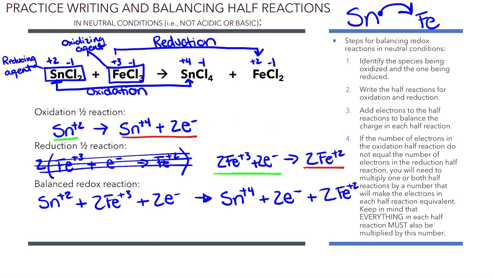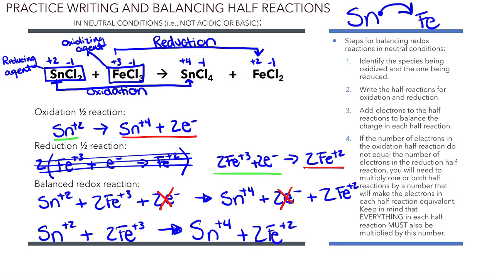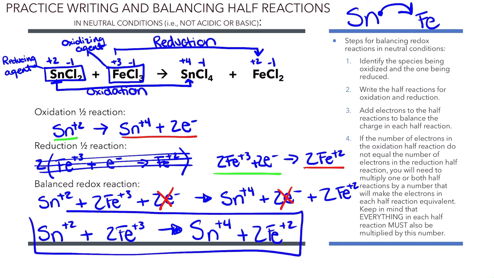Then last, I need to cancel out the electrons that show up on both sides. They have to be equal for me to be able to cancel those out. So then I end up with Sn +2 and 2 Fe +3 ions, and then Sn +4 and 2 Fe +2 ions. And there's my balanced-for-charge reaction for this problem.